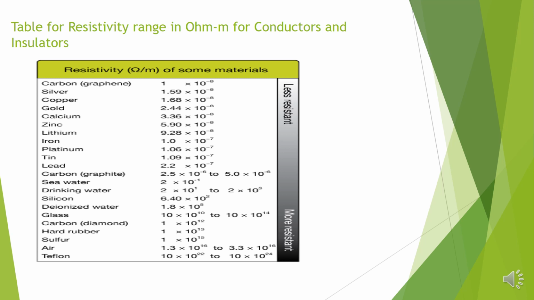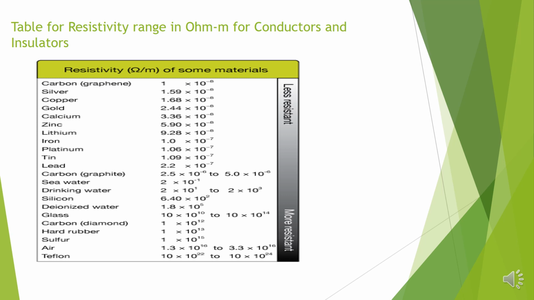We are coming to a table. You don't have to learn by heart the data of the table, but you should have a good idea of the conductors and insulators with the help of resistivity. Because if you know the resistivity values, the range, then you can predict whether the given material is a resistor or a conductor.